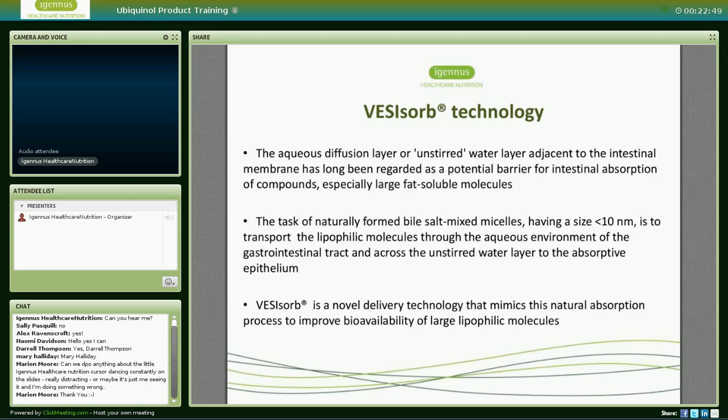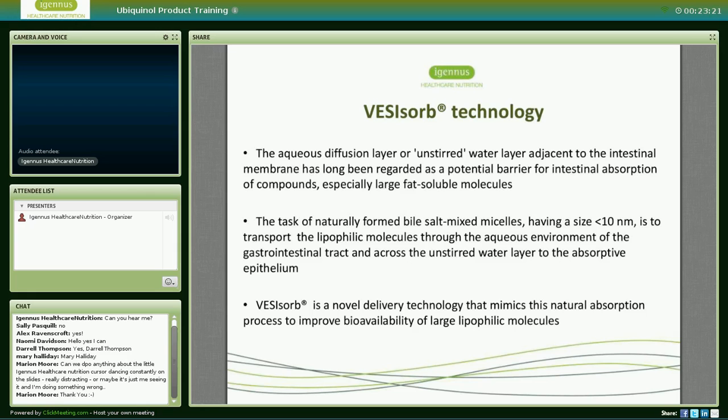Simply put, because there is a water layer that is basically blocking the uptake, normally with a fat product, the body would form a bile salt mixed micelle, and this would then take the fat lipophilic molecule through the aqueous environment, through the GI tract, and across the unstirred water layer to the absorptive layer of the epithelium.